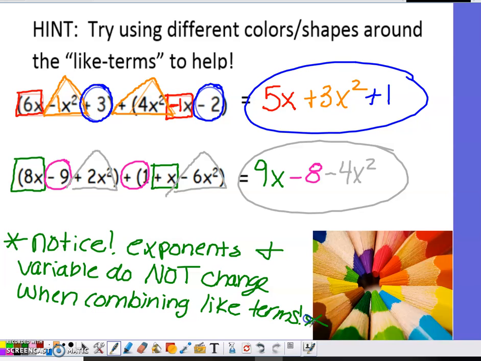Right, so all of a sudden my x's don't change to y's, my x squared doesn't change to an x cubed, right? They stay the same. The only thing that changes are those coefficients out front, those numbers in front of my variables.